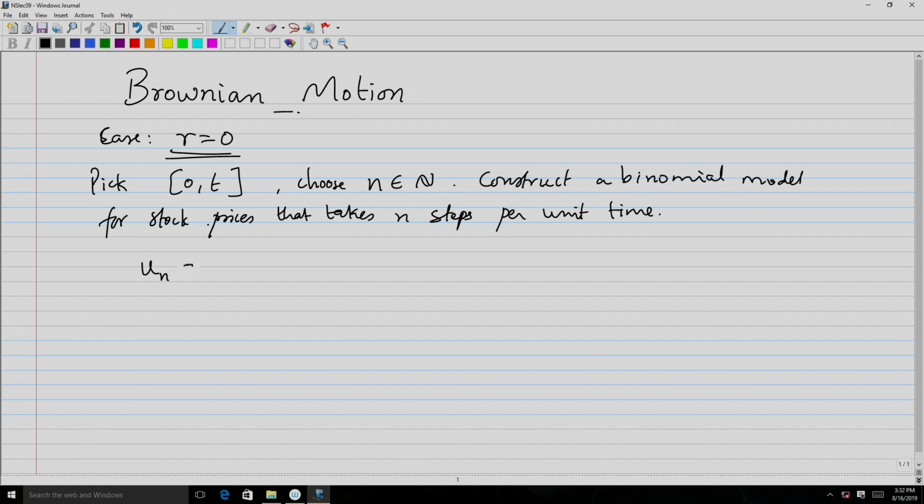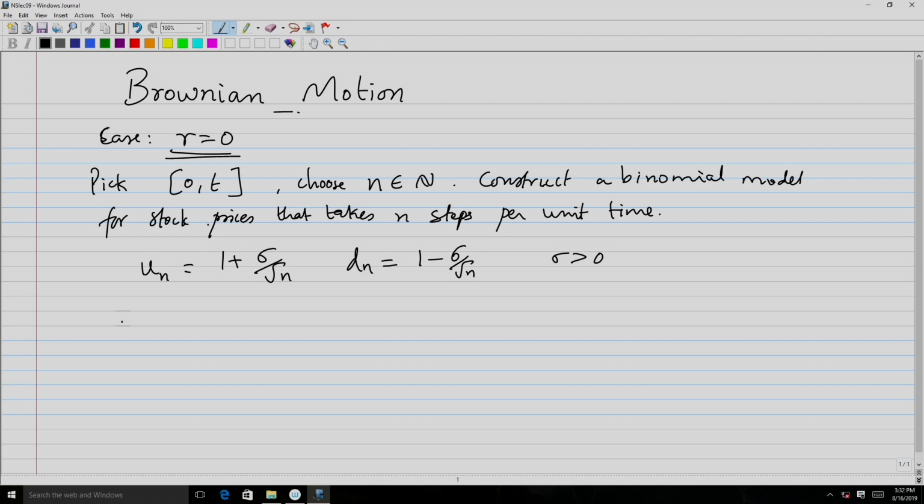Now, we could consider an up factor, which we make dependent on n, as u_n equal to 1 plus sigma by root n, and a down factor d_n equal to 1 minus sigma by root n, for some sigma positive, and r we have already assumed to be 0. So, this satisfies the no arbitrage condition for the binomial model.